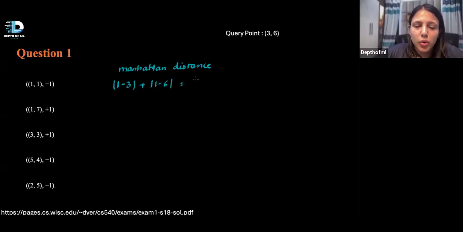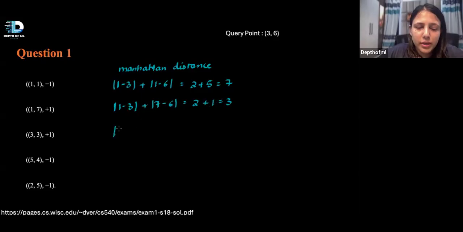So this is 2 plus 5, which is equal to 7. Similarly, we'll compute the distance for this: 1 minus 3 plus 7 minus 6. So this is 2 plus 1, which is equal to 3.